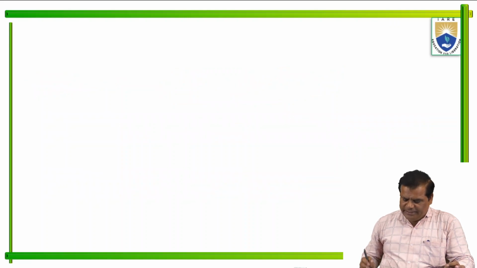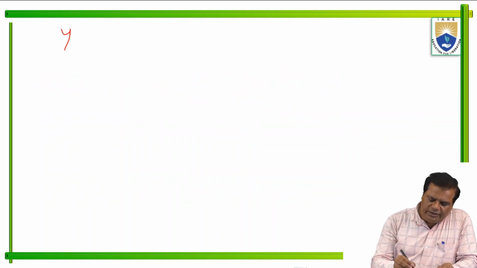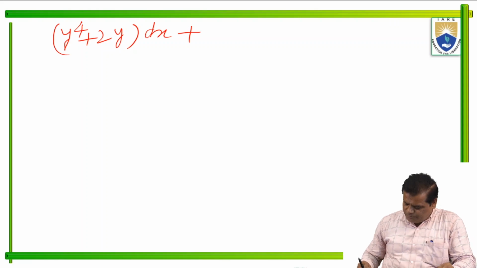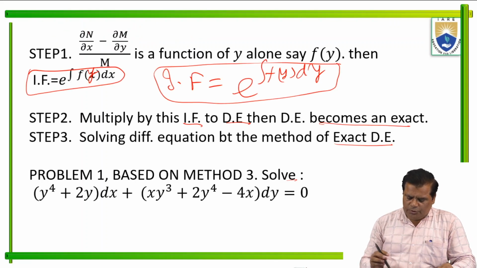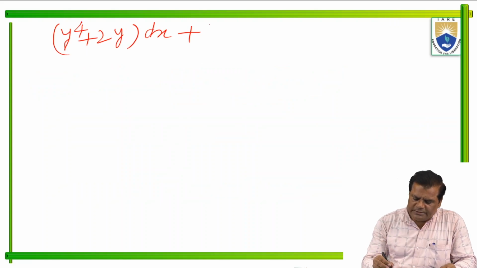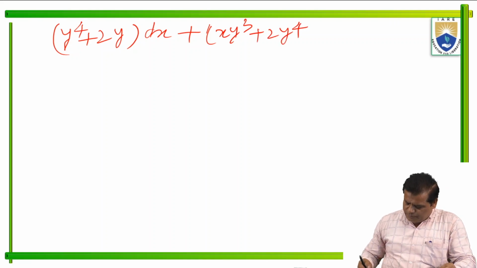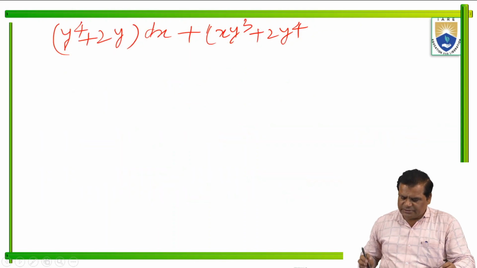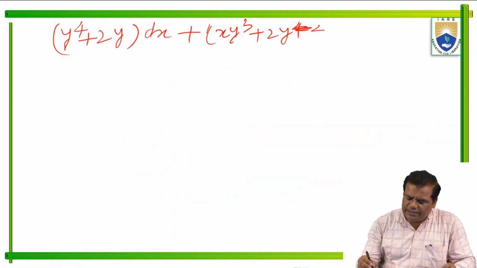(y^4 + 2y) dx + (xy^3 + 2y^4 - 4x) dy = 0.